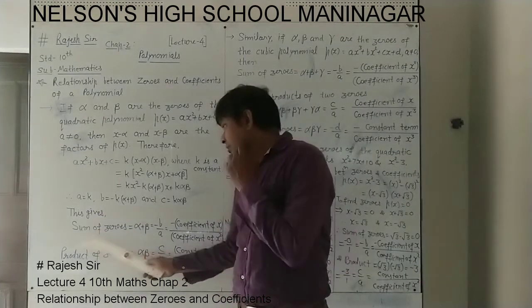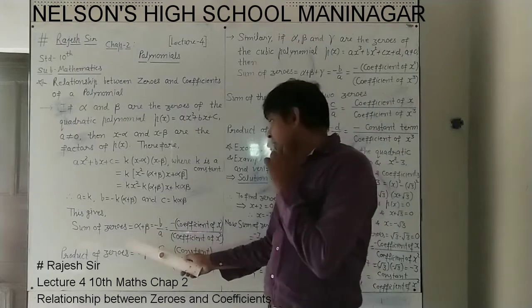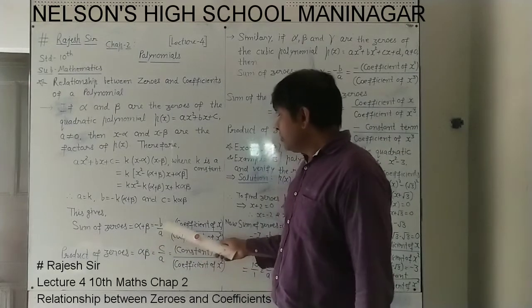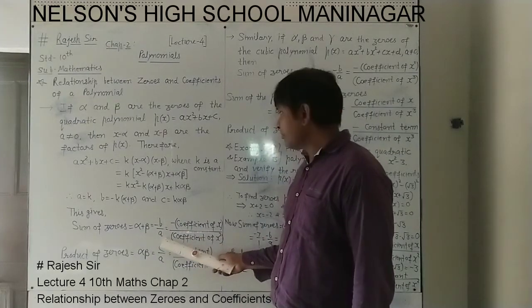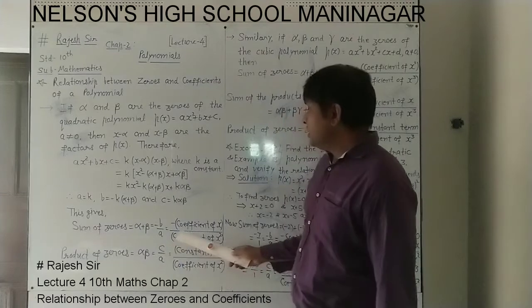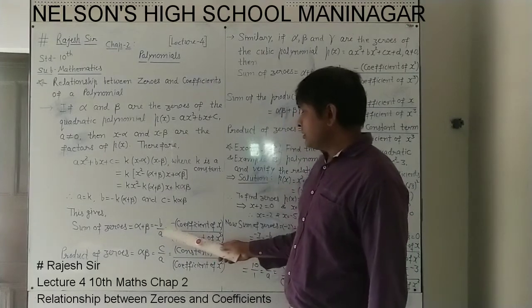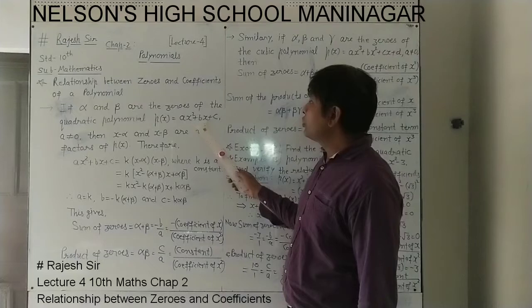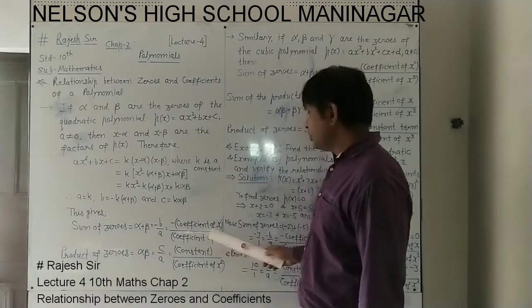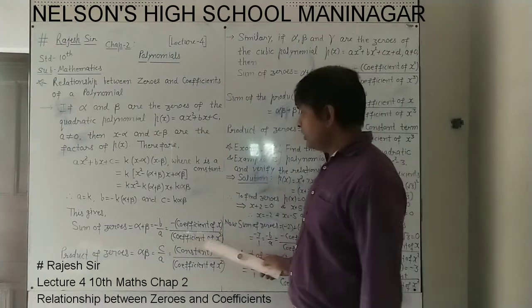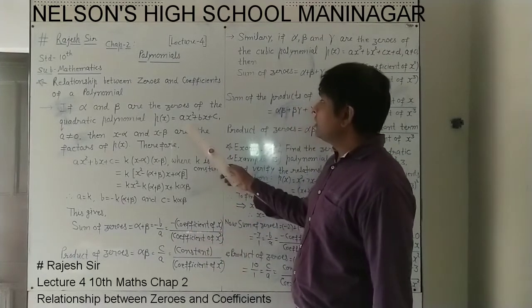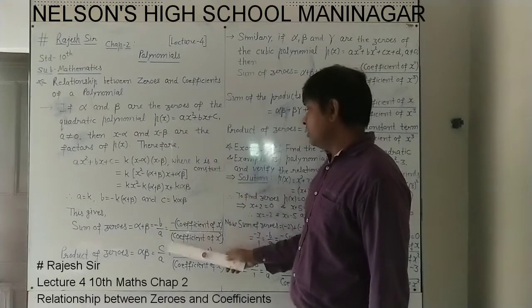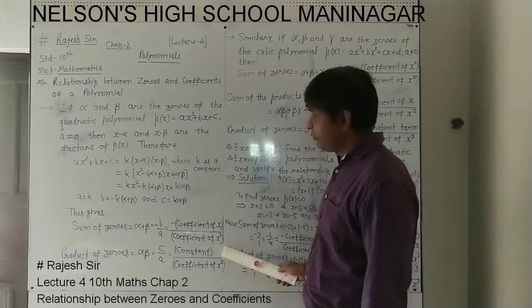This gives the sum of zeros, alpha plus beta, as minus b upon a, right? What is b? b is the coefficient of x, so minus coefficient of x upon a, and what is a? The coefficient of x square.